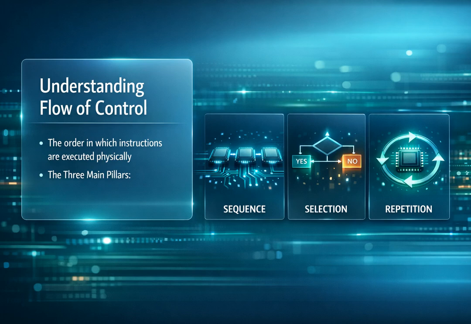To successfully assemble pseudocode, you must master the flow of control logic. Core programming rests on exactly three main pillars: sequence, selection, and repetition.